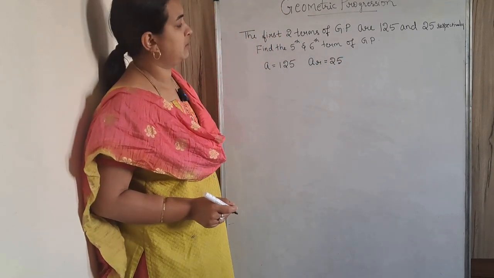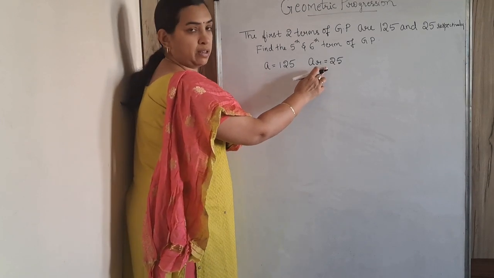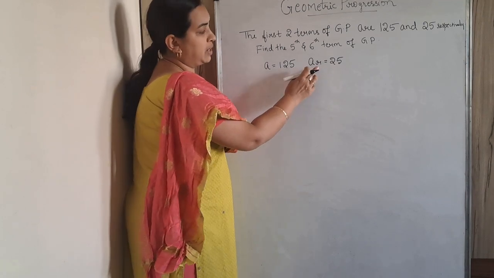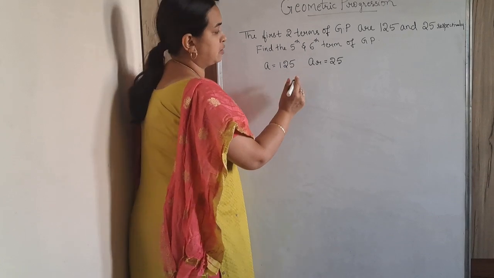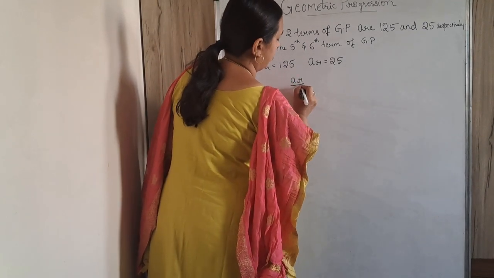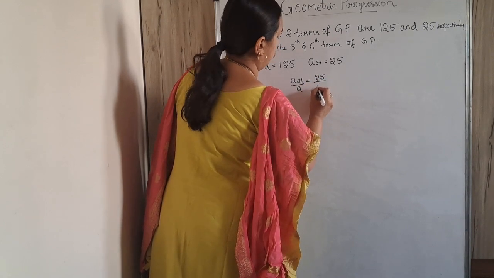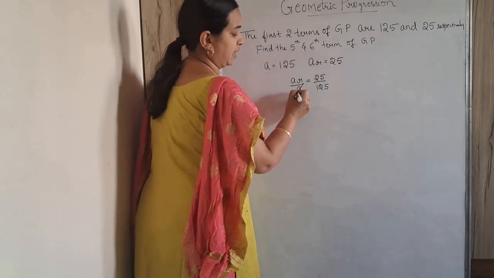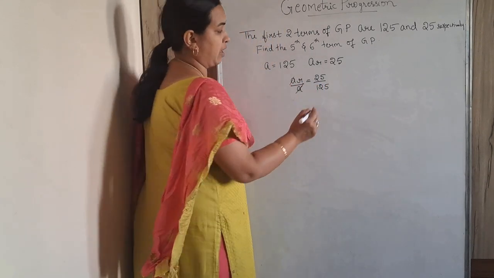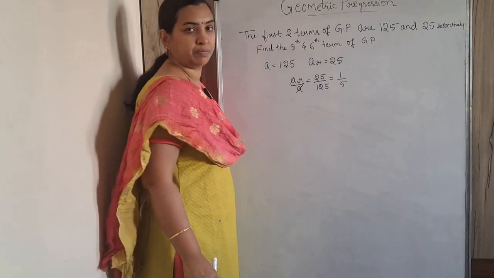If we divide the second term by the first term, you will get the value of R. Divide this by A, you will get AR by A is equal to 25 by 125. Here A gets cancelled and you will get the value of R, which will be equal to 1 by 5.